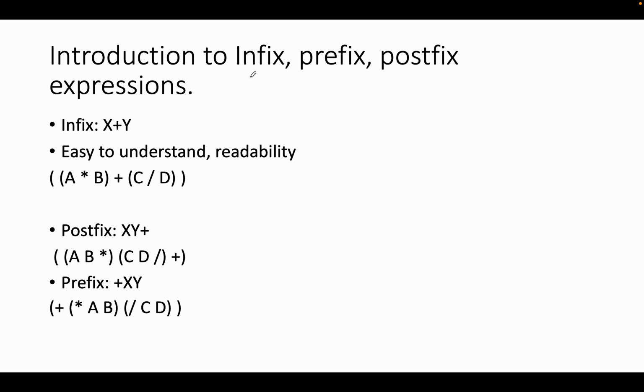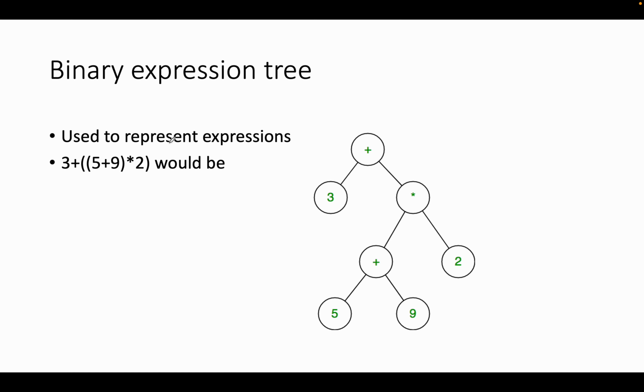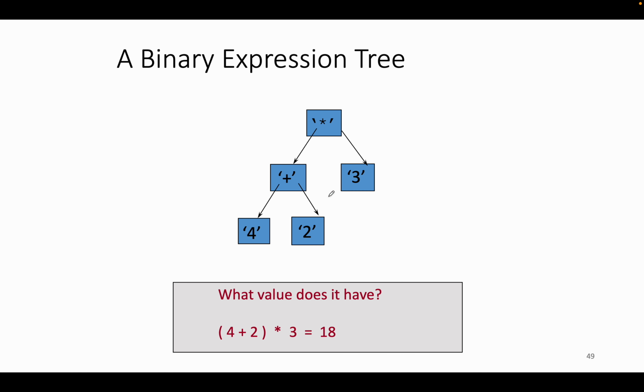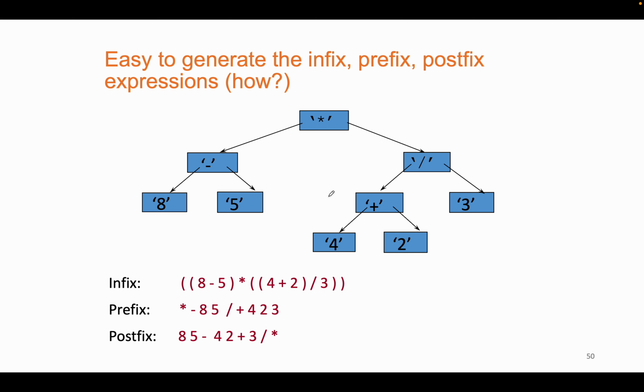And this is the infix, prefix, and postfix expression using a tree. So here, if you have this one, then you can also use this to express the equation. Start from the last one, like 5 plus 9, and multiply by 2, and then plus 3. So this will be the representation of this one for the binary tree.